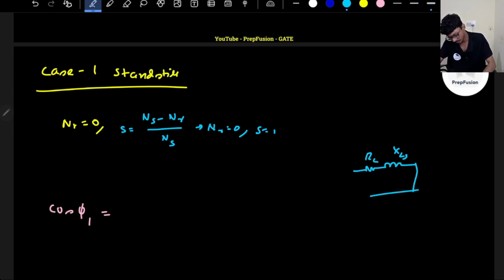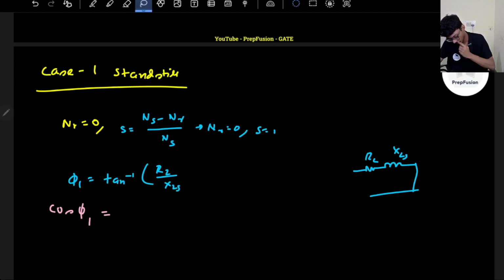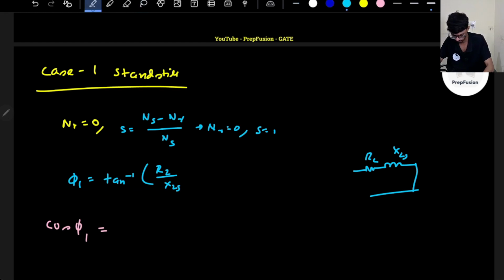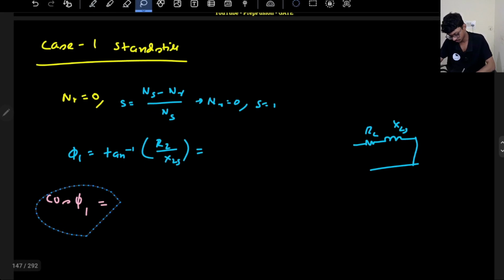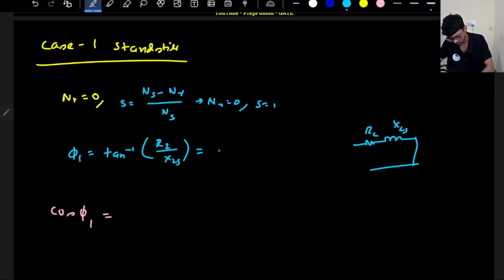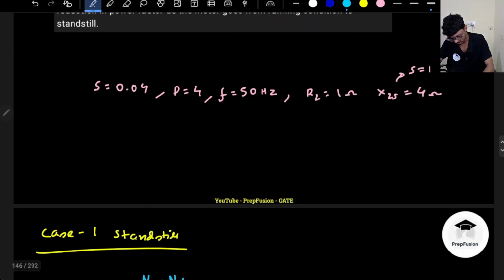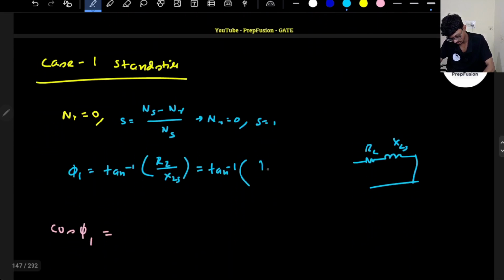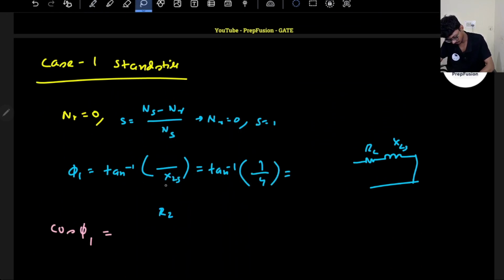Phi 1 will be tan inverse of X2S upon R2. R2 is 1 ohm and X2S is 4 ohms. Sorry, I had written it the opposite way around. It is X2S upon R2.